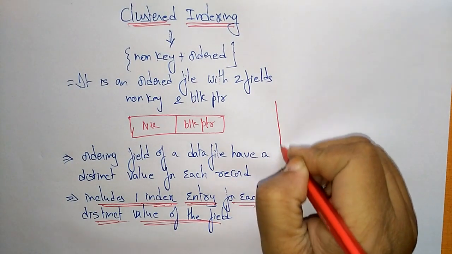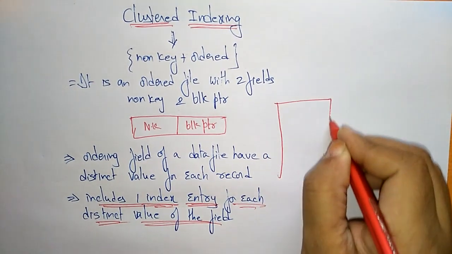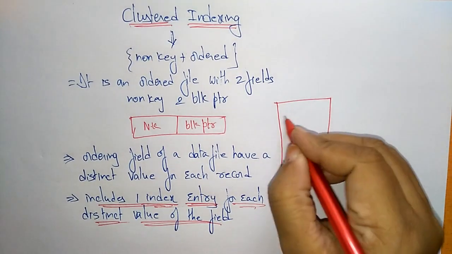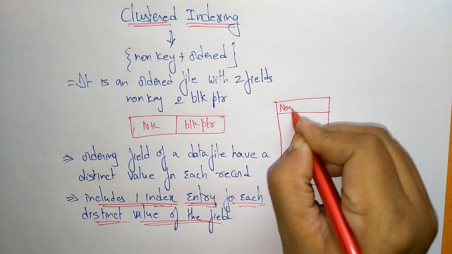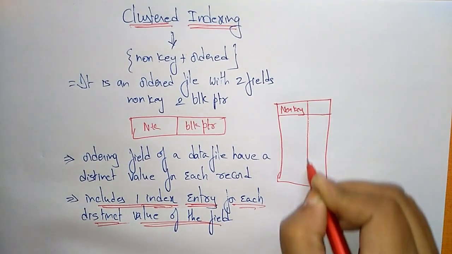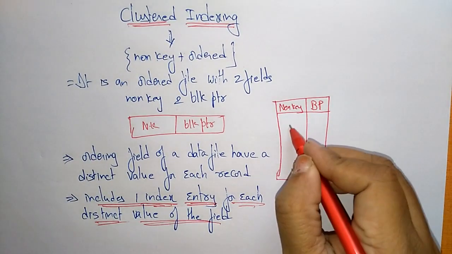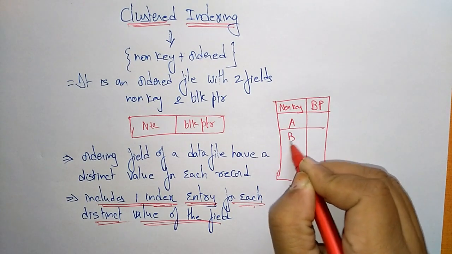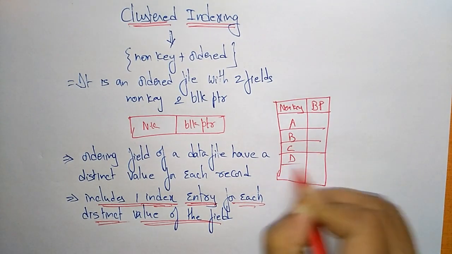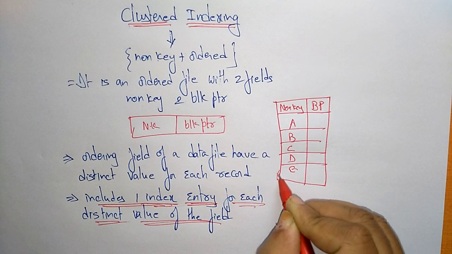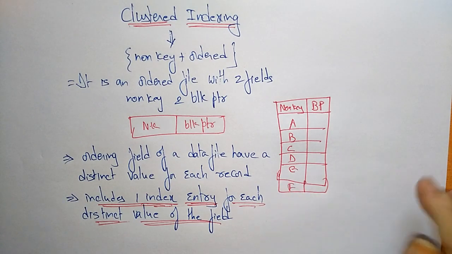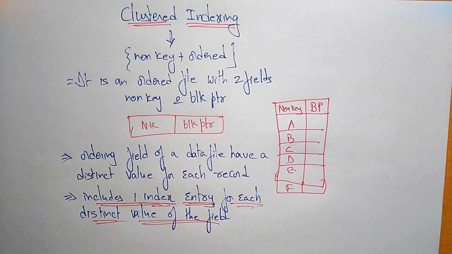Here we have taken a non-key and a block pointer. The non-key values are A, B, C, D, E and F. Now let us take the data file.